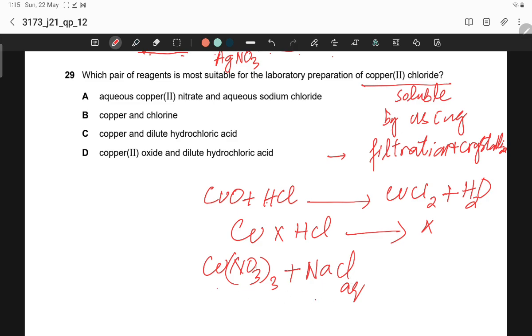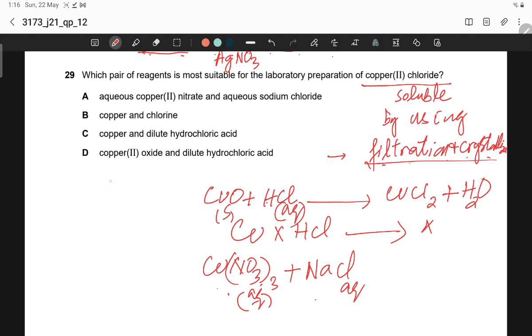This is not the method used in filtration, and this is not suitable because both are aqueous solutions. One must be solid and the other reagent must be aqueous, which is used in filtration and crystallization.